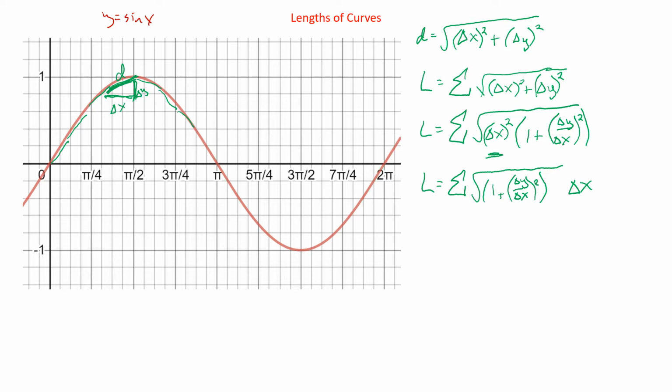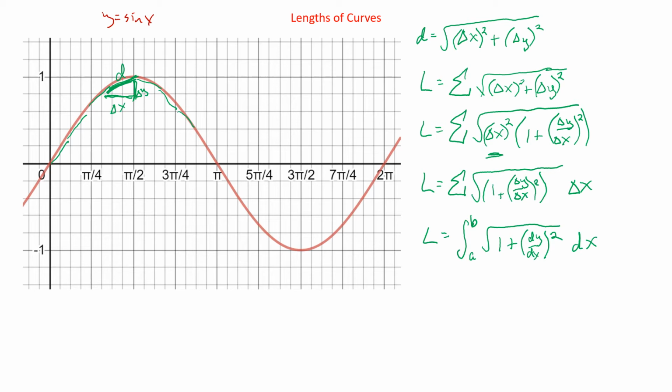And so there we have a bunch of these big ones. But if we want it to be closer, we're going to take smaller and smaller intervals of x. So we get more and more of these triangles. We're going to take the limit as that delta x goes to 0, which gives us, with our starting points a and b, the integral of the square root of 1 plus delta y over delta x, which as those get smaller is dy over dx, squared, times dx.